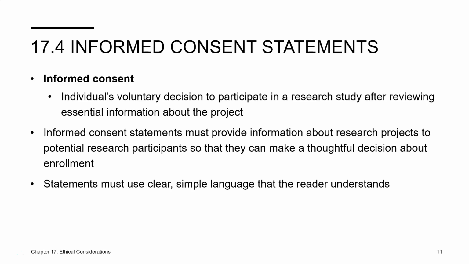Informed consent statements must provide information about the project to the participants so they can make a thoughtful decision about enrollment. These statements should be clear, and use simple language that the reader understands. So it should be a much lower reading level than, say, college level or above. It sometimes states that it's maybe like a 5th grade reading level for participants so that anybody can read it.